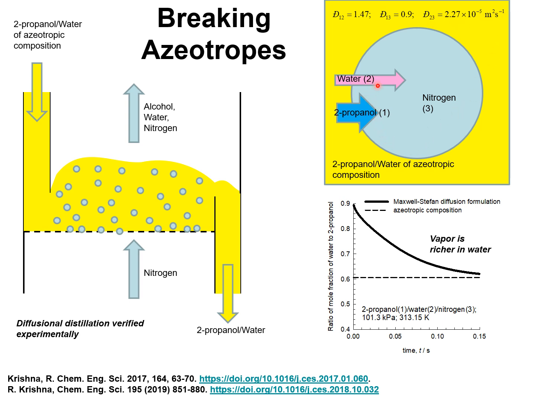For water nitrogen pair, D23, the diffusivity is 2.27 times 10⁻⁵ square meters per second. The water nitrogen diffusivity is the largest of the 3 values shown here. This is because water is the smallest molecule and has the highest mobility in this ternary mixture.